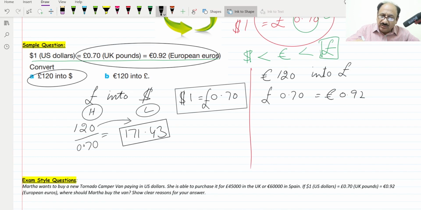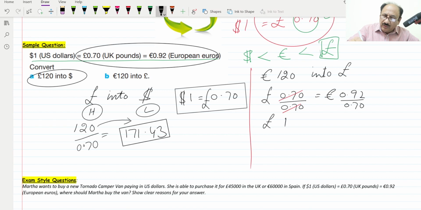This is the given conversion, which is not in whole number, both are in decimal. So we will convert into whole number. We will divide 0.70 and this one also by 0.70. After that, this will be cancelled, and on this side we will get 1 pound.